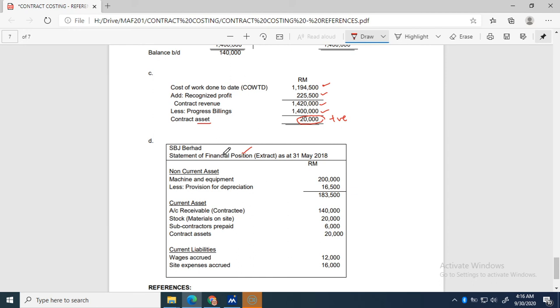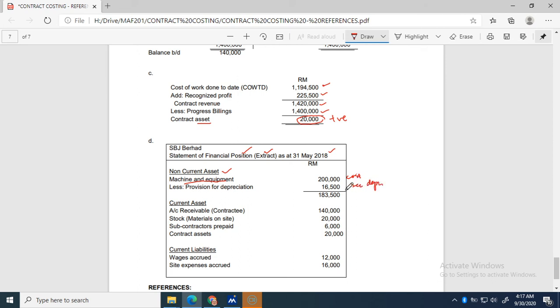Requirement D, requirement to prepare the statement of financial position extract as at 31st December 2018. The first thing is non-current asset. What is in non-current asset is machine and equipment. So the cost minus accumulated depreciation.